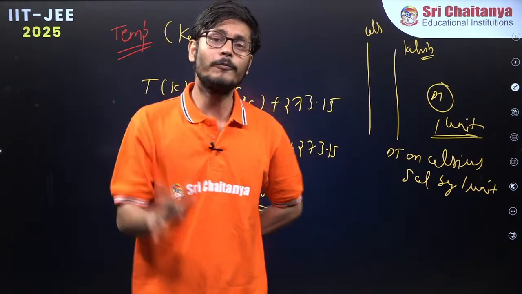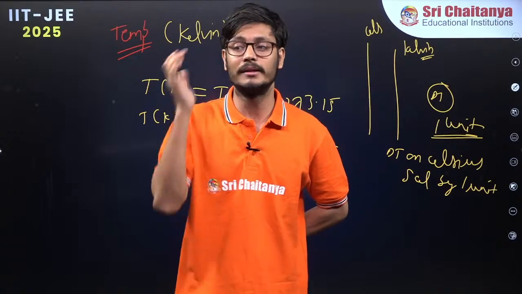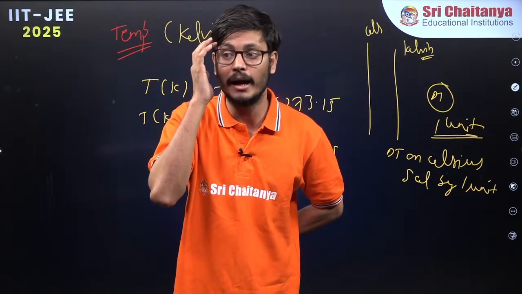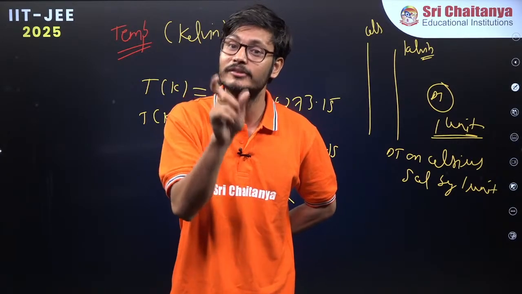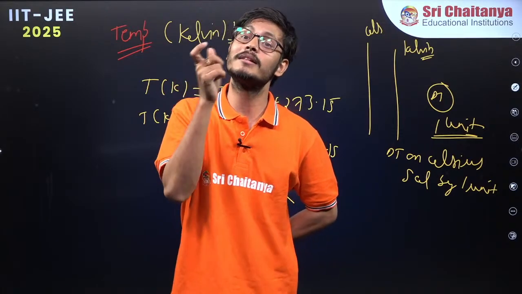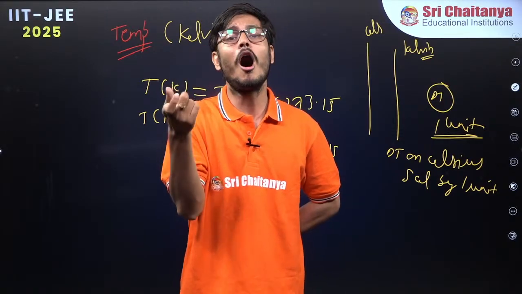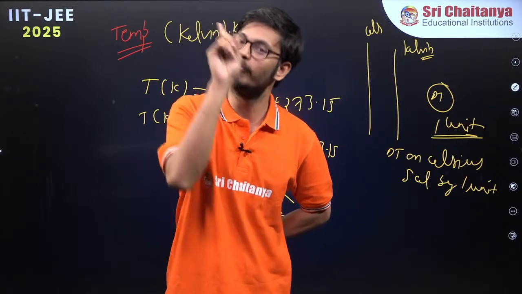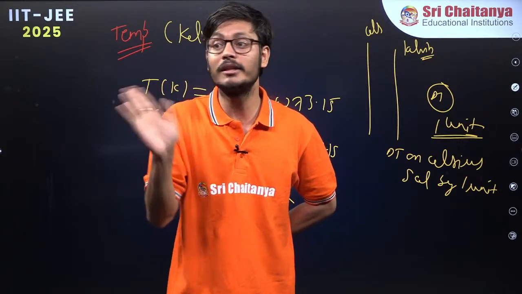All of you who are saying 273.15, you are not using your mind. I have asked about the change. Whether you do it on the Celsius scale or the Kelvin scale, the change will be 1, not 273.15.